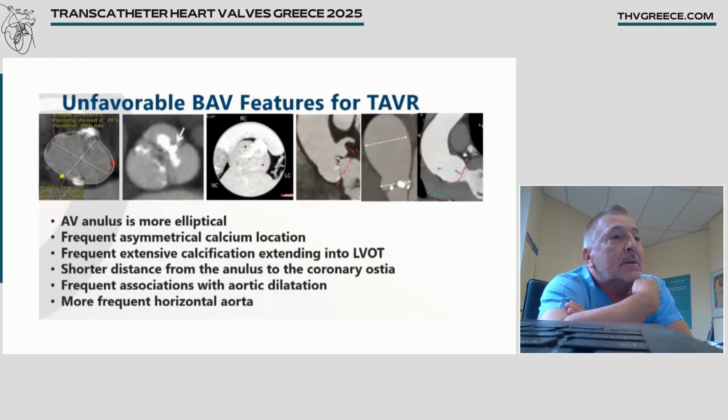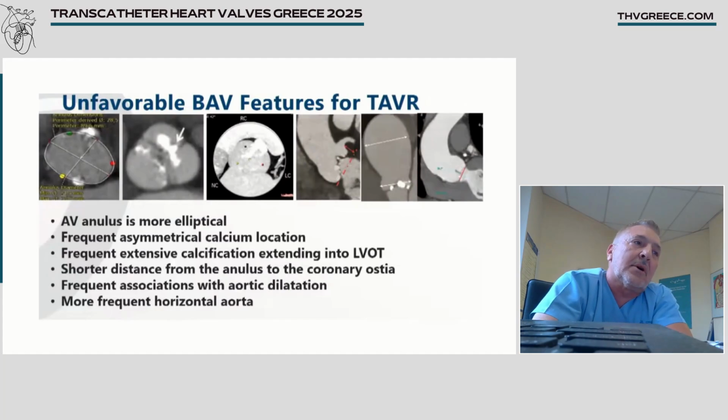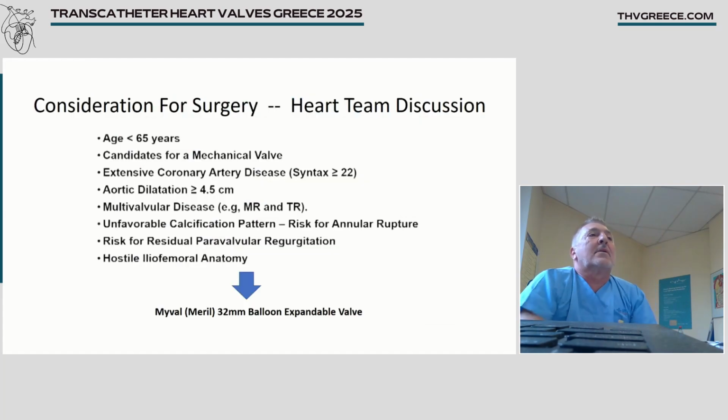The coronary ostia have a good distance from the annulus. He doesn't have evident aortopathy, and he doesn't have a horizontal aorta.